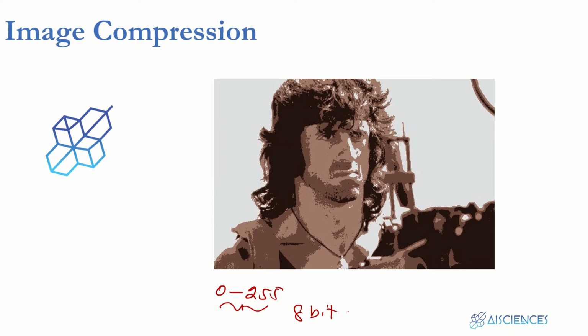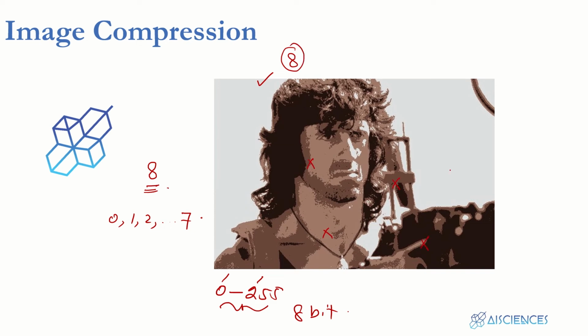So what one can do is, rather than having all 256 intensity levels, what if we think that intensity levels are just 8? For example, we have only 8 intensity levels, from 0, 1, 2, up to 7. One way of converting these 256 intensity levels and mapping them to only 8 of them is to cluster this data into 8 bins, or find the 8 centers. For example, this one, that one.